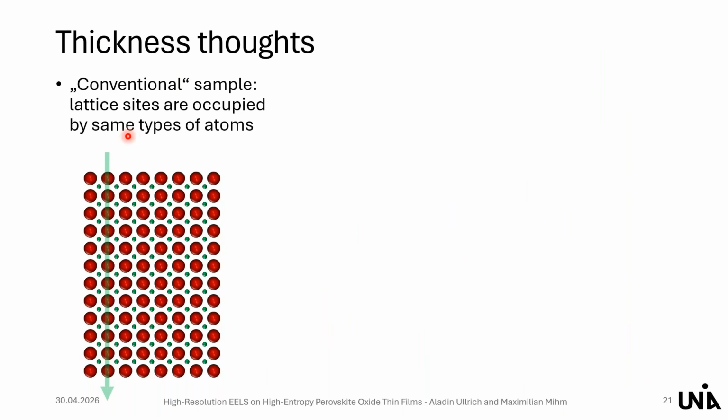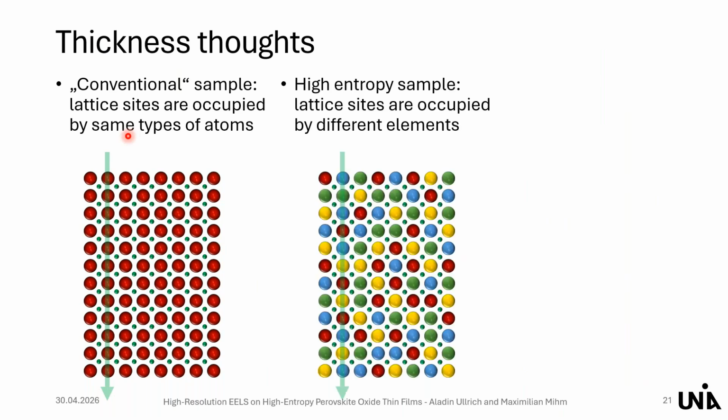But in the case of the high entropy sample, it's of course different, because here you have different atoms on the sites. And if you have a quite thick sample and you pass the beam through the sample on one atomic column, you get more or less all elements, but with a weaker signal, because you have fewer atoms of every kind.